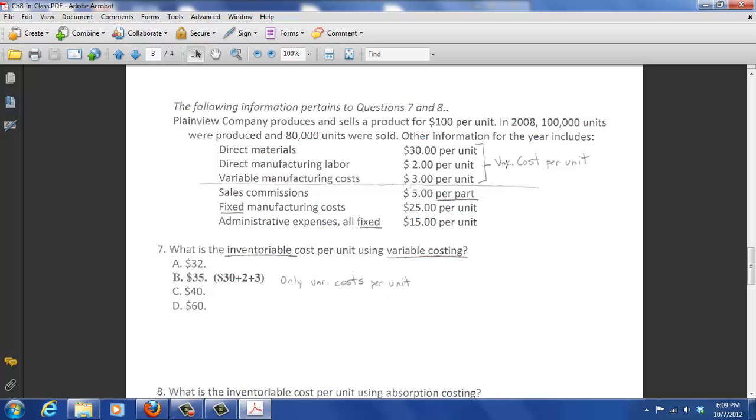So we can calculate out a variable cost per unit, just adding these up. 30 plus 2 plus 3, and that's going to give us B, $35. Since it is variable costing, we're not considering any of the fixed cost in our inventoriable or product cost here.